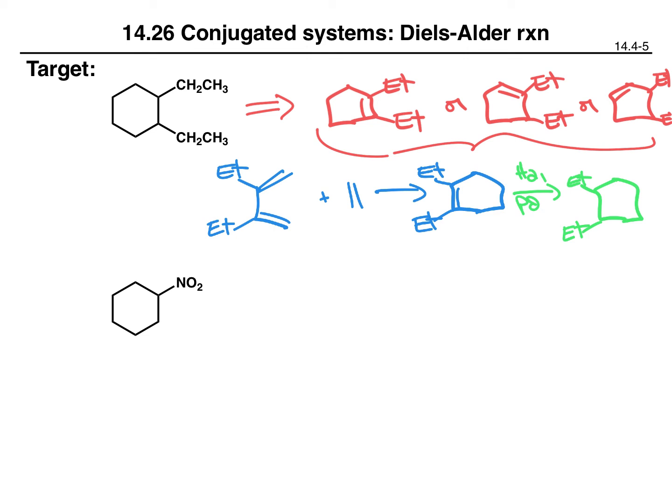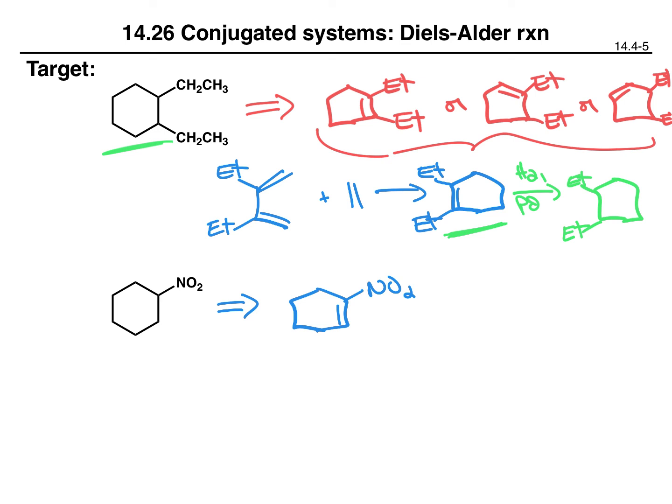All right, so use what we know about the Diels-Alder. Don't forget that the Diels-Alder gives a product with an alkene, so it would require one more step to make a cyclohexane. In the bottom example, we have a nitro substituted cyclohexane. Because we have a 6-membered ring, we know that we could make this from a 6-membered ring that also contains an alkene.